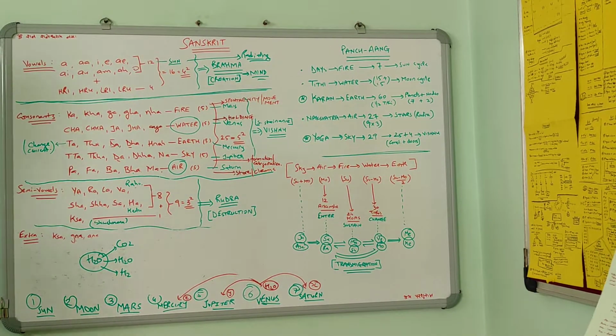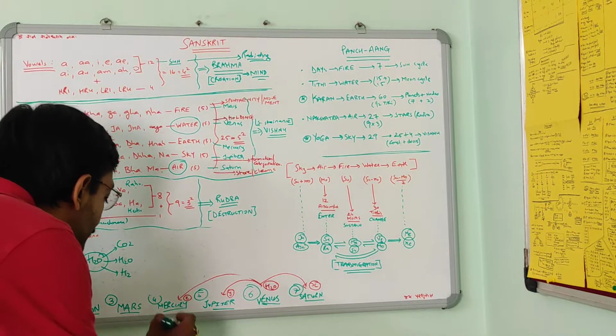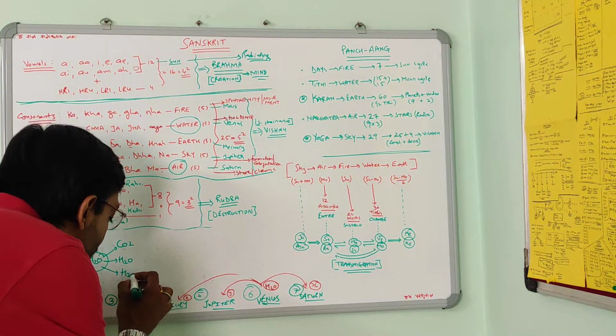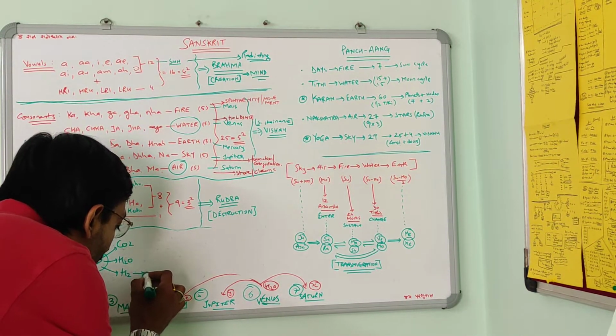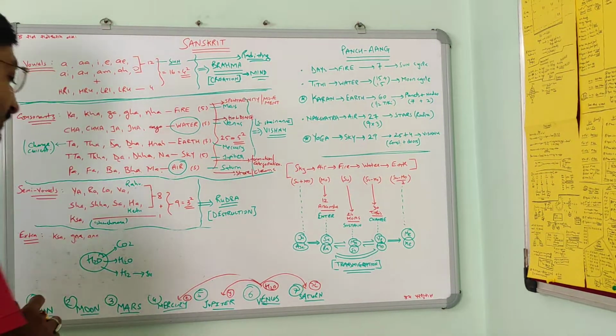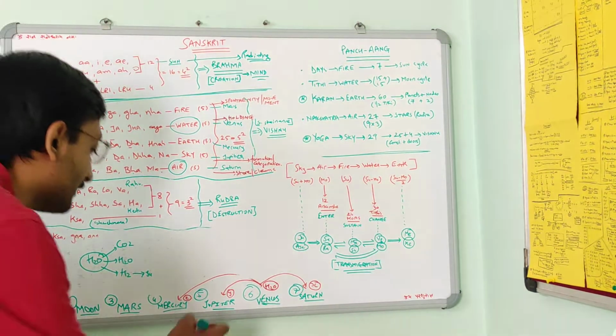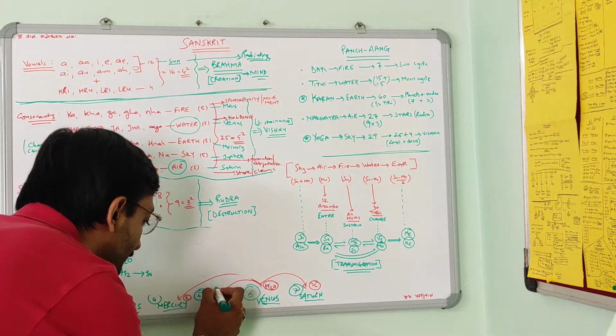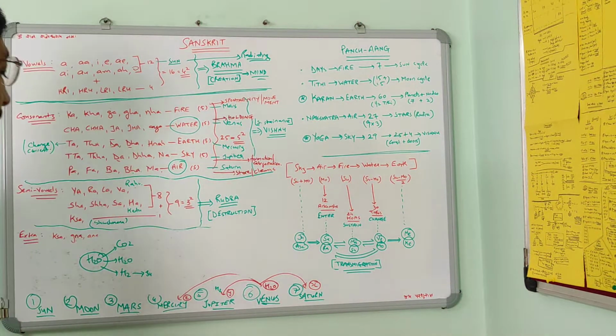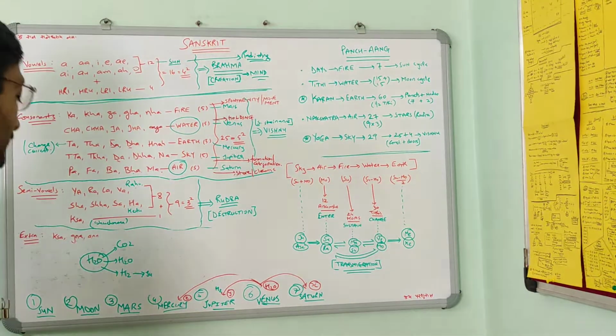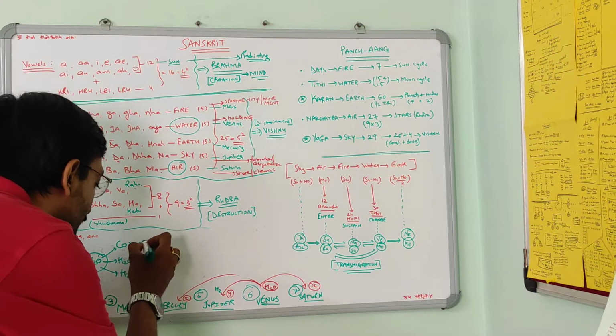Now, when it is given out in the form of H2 with some hydrocarbon, it is given out from Jupiter. When it is given out from Mercury more, then it is given out as CO2.